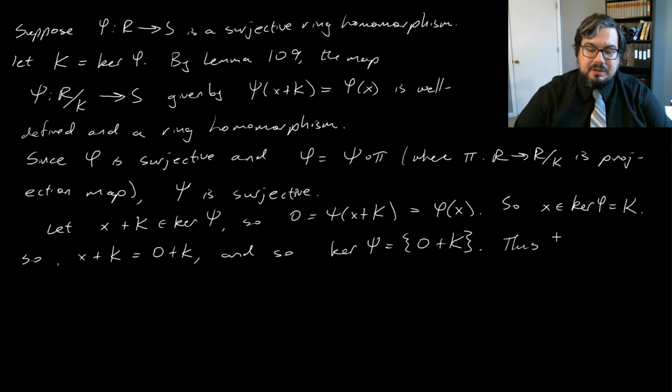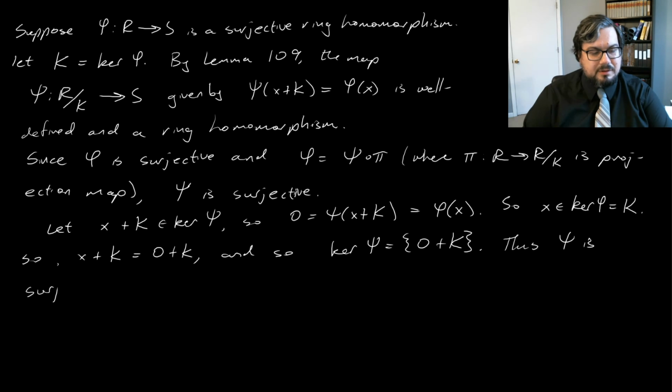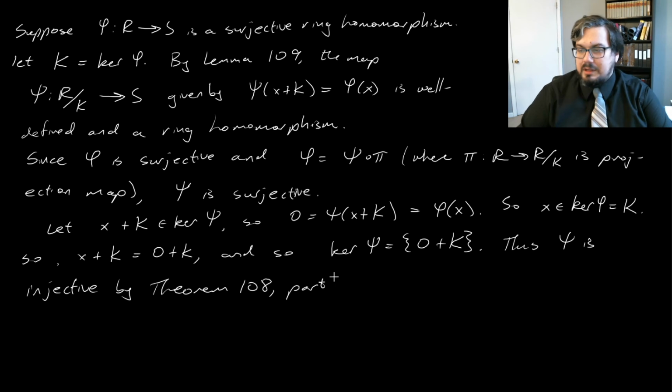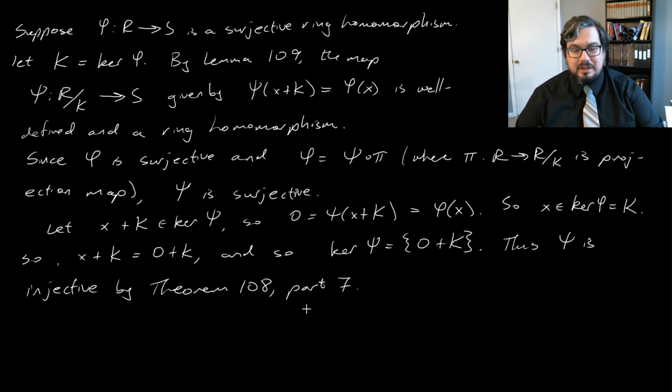Thus, psi is surjective. I'm sorry, injective. I showed surjectivity already. Psi is injective by Theorem 108, part 7. Part 7 was the one that allowed us to conclude that a homomorphism is injective if its kernel is trivial.